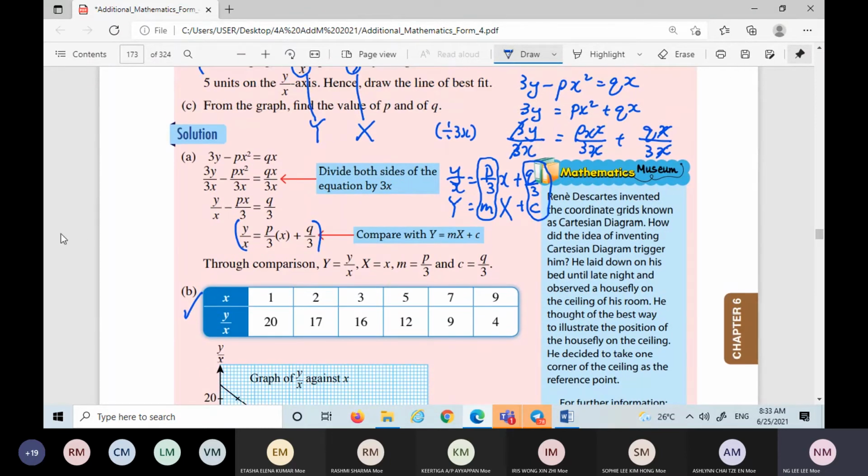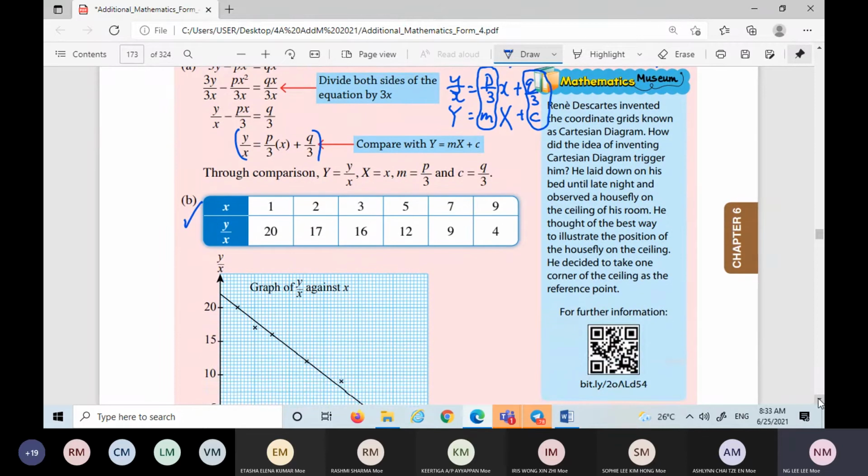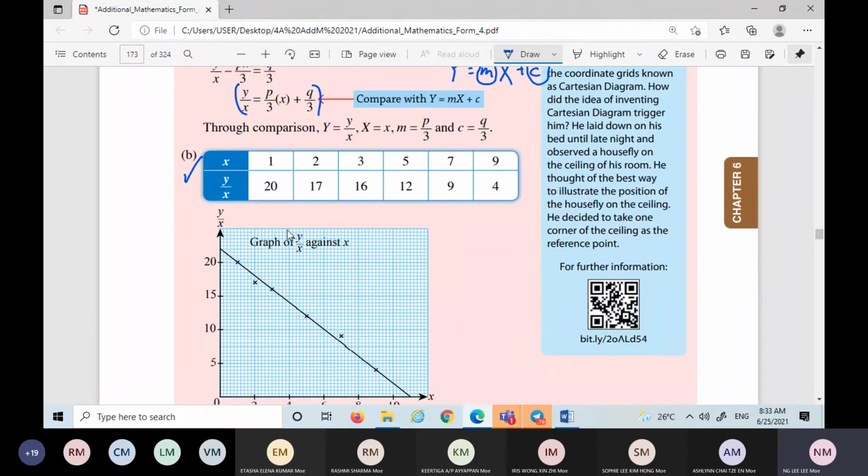From the graph, they don't want you to do calculations. You got to read the gradient and the y-intercept from the graph. Can you get the gradient first and then use a formula to get the y-intercept? No way.